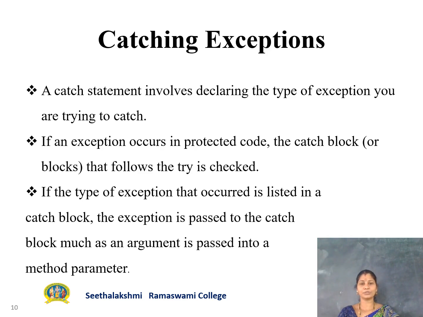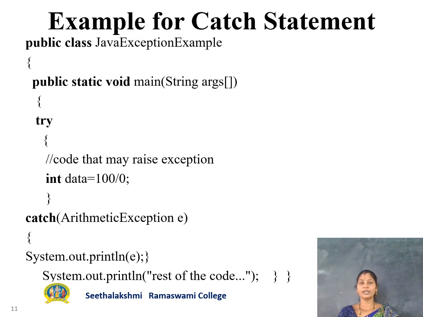If the type of exception that occurred is listed in a catch block, the exception is passed to the catch block much as an argument is passed into a method parameter.